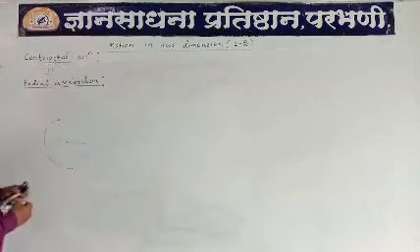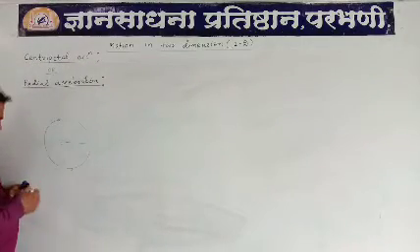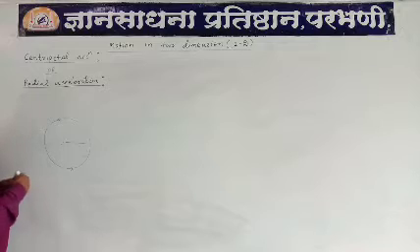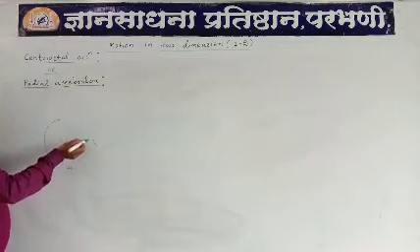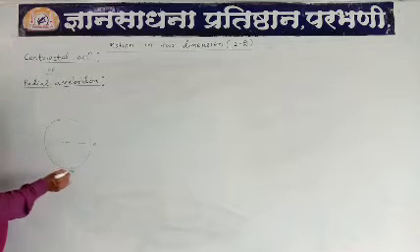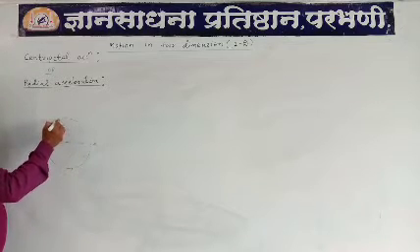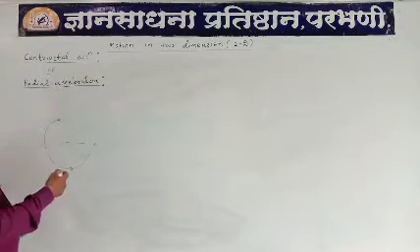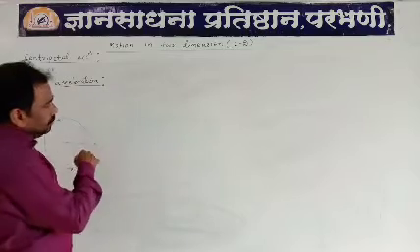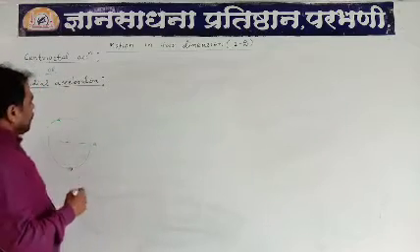So for that purpose, consider a particle. Suppose that particle is at point A and the particle is moving along the circumference of a circle in the anti-clockwise direction. So we can say the particle is performing circular motion in the anti-clockwise direction.